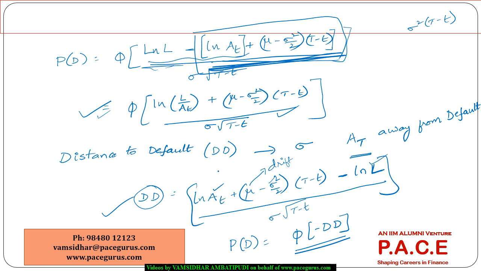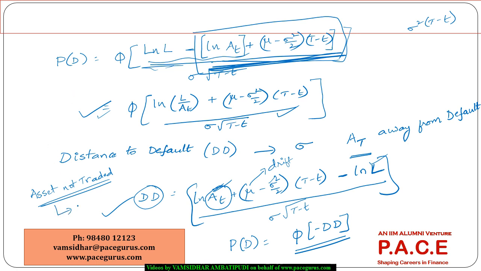But a few things. How can I get AT? Value of the asset. Asset is not traded in the market, right? So I can't observe the daily market value of the asset.